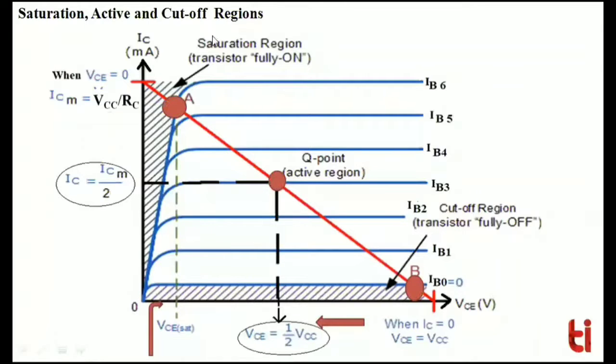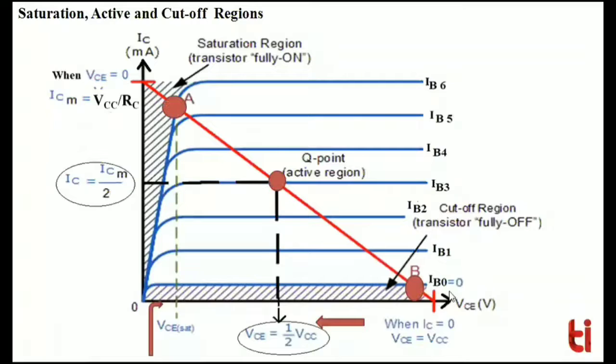Second point is the saturation point. This is the intersection between the load line and the IB equals IB saturation curve. And third point is the operating point or Q point in the active region. This is the intersection between the load line and the zero signal base current.